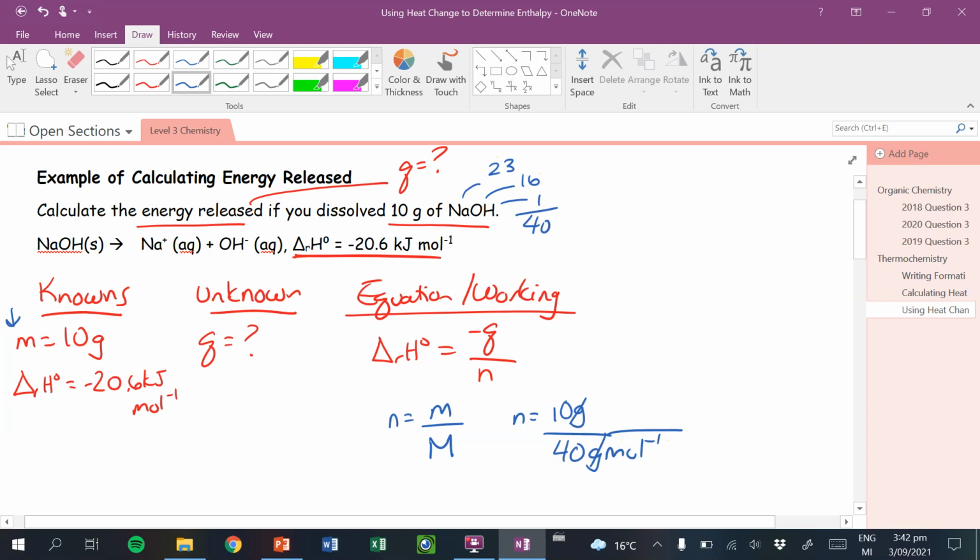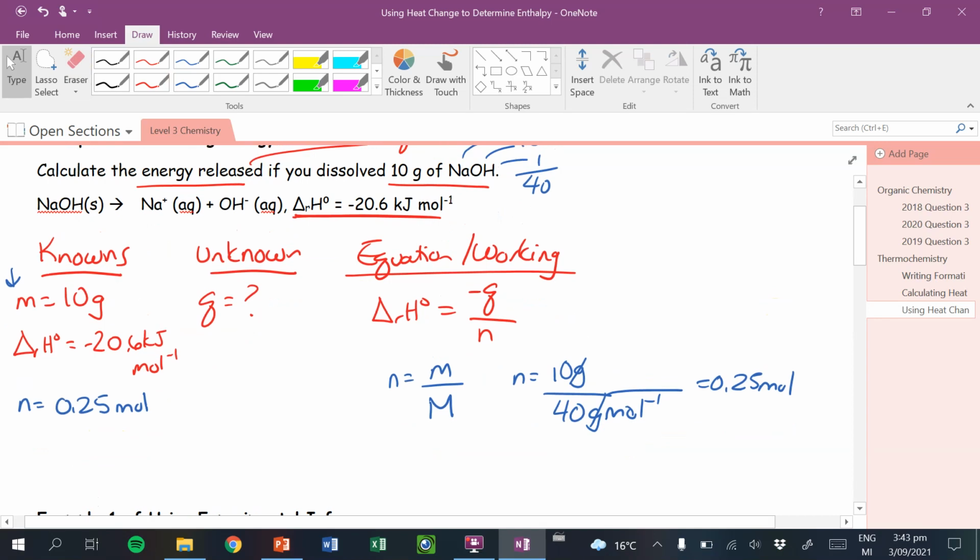The grams will cancel out, and I'm left with per mole, which works out because that is the unit I want to get to. So 10 divided by 40 equals 0.25 moles. So that's what I can plug in here. N equals 0.25 moles. All right, cool.